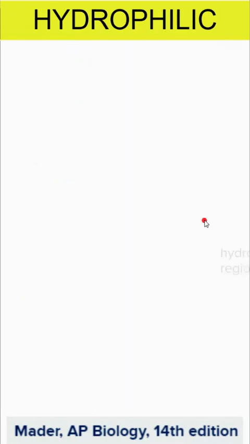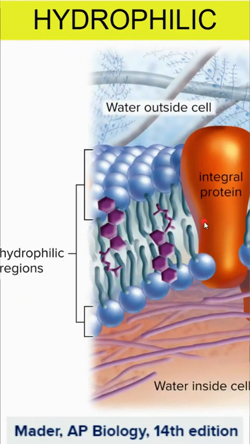Again, we have hydrophilic, water-loving regions on the outside. So we have water or aqueous regions inside and outside cells. Those polar heads are going to orient themselves towards the water, and those are hydrophilic. Now, proteins are going to exist the same way.